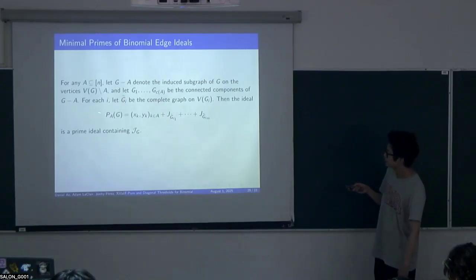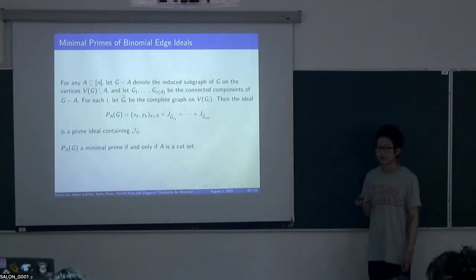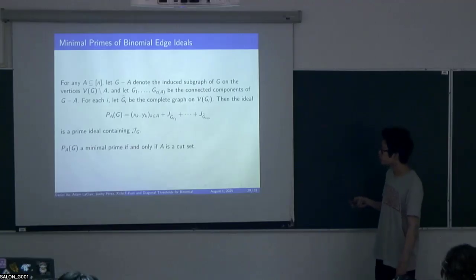So we have a prime PA containing JG associated to the set A. It turns out that PA is a minimal prime precisely when A is a cut set, and every minimal prime of JG comes from this construction. So essentially, describing the minimal primes of JG is more or less the same as finding all of the cut sets of G, which is a combinatorial problem.